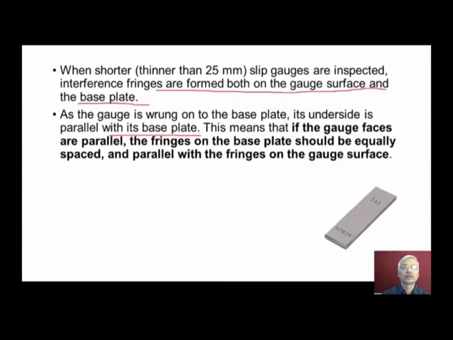That means this is the base plate and this is the workpiece. The underside of the workpiece is parallel with the surface of the base plate. This means that if the gauge faces, this surface and the bottom surface of the gauge, are parallel, the fringes on the base plate should be equally spaced and parallel with the fringes on the gauge surface.